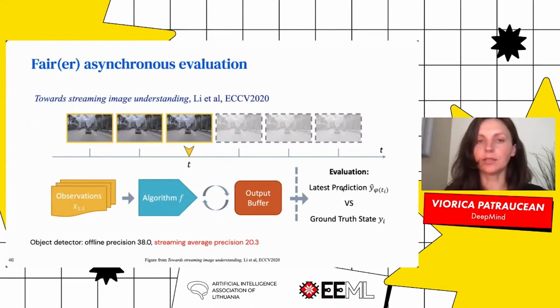In this way, you do a fair evaluation. And they've shown that for models that have an offline precision of 38, which is decent, this drops a lot, to 20, when you consider this more correct evaluation mode.